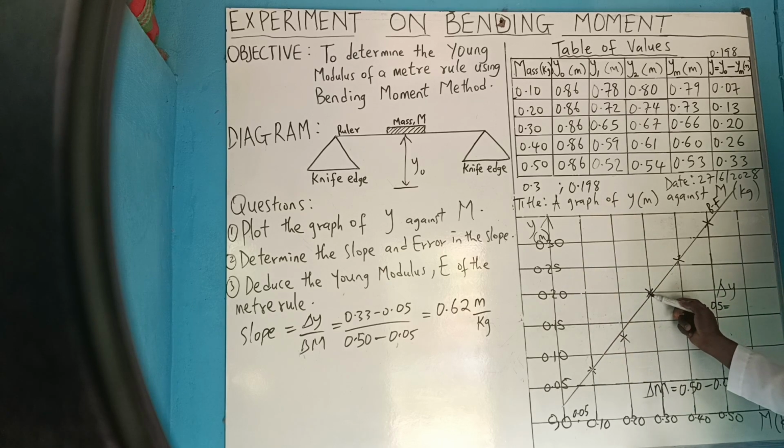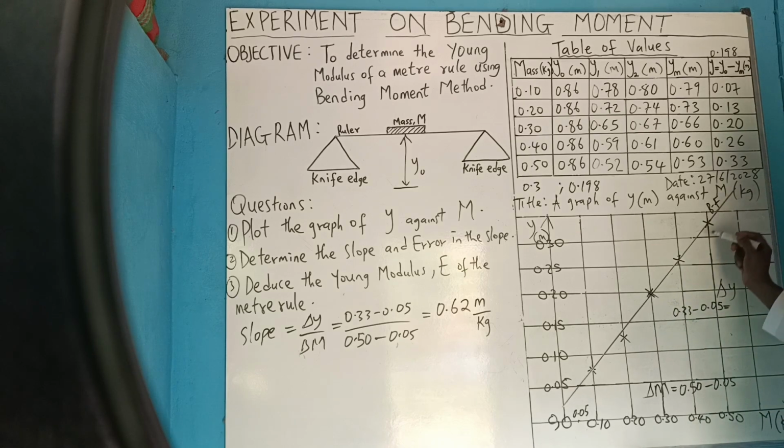So that means this line of best fit is perfect because it passed through the mean of mass and the mean of y. That is one of the intrinsic properties of line of best fit. It must pass through the mean of the y values and through the mean of the x values.